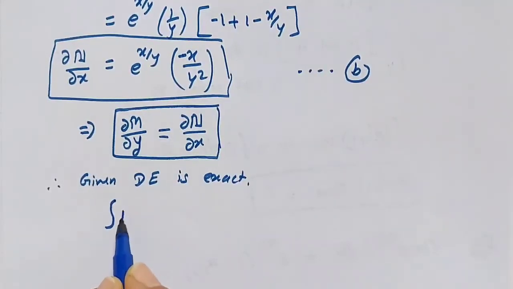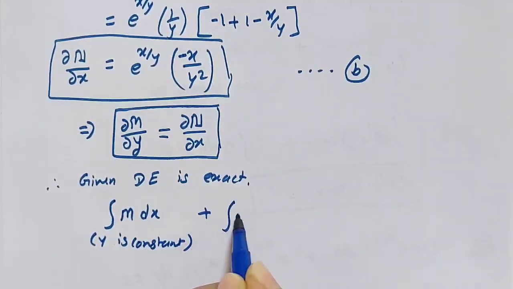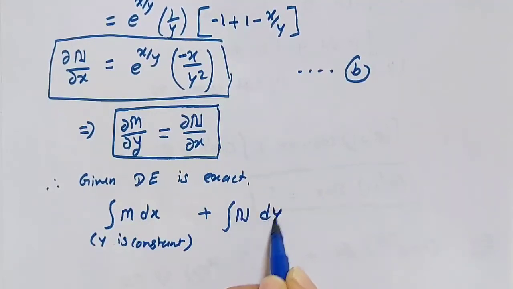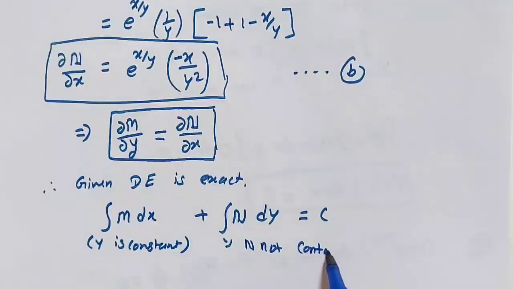If the given differential equation is exact, we know that the solution of an exact differential equation is the integration of M dx, where y is constant, plus the integration of those terms of N dy which do not contain x, equals the integration constant c.